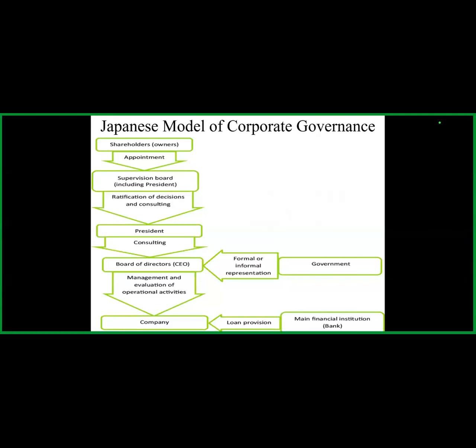Evaluation of operational activities means how many people are appointed, how they are performing, whether the benchmark set for the performance of the employees is constantly or regularly achieved or not.